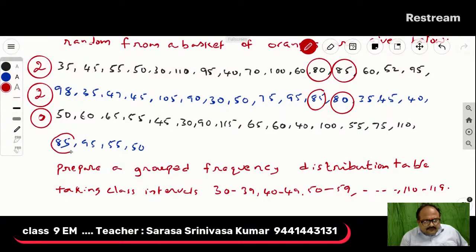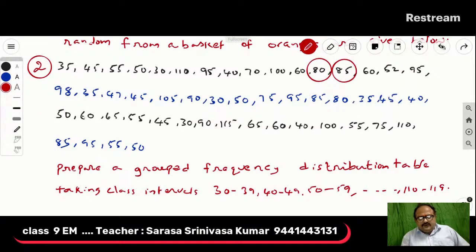Now in the fourth row, there is one orange having the weight 85 grams. So how many oranges are there in this class interval 80 to 89? 2 plus 2 plus 1, total 5. 5 oranges are there in this class interval 80 to 89.